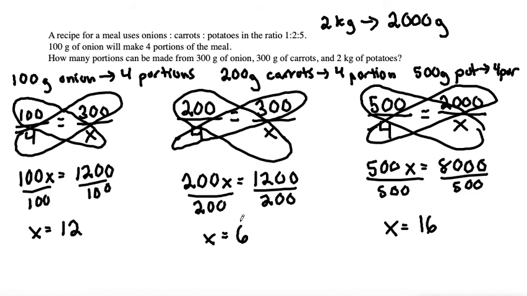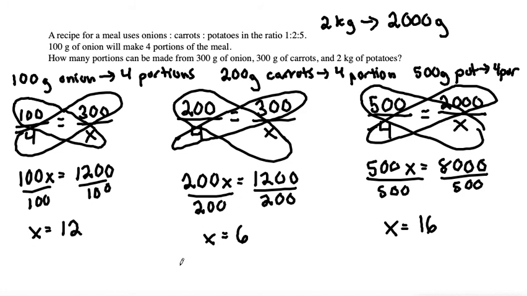So from here, now that we found the number of total portions we can make from each one, keep in mind that once we make 6 portions using the amount of carrots, we're going to run out of carrots. So we can't continue making meals if our meal uses onions, carrots, and potatoes. After 6 portions of making meals, we'll run out of carrots.